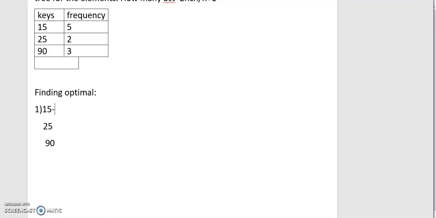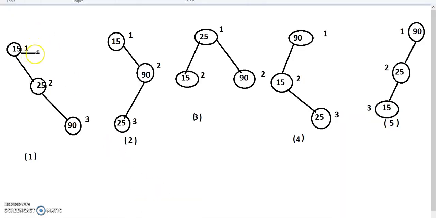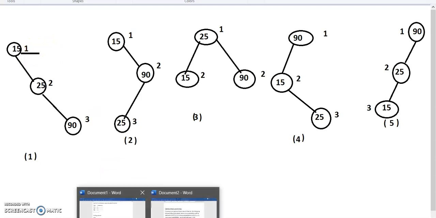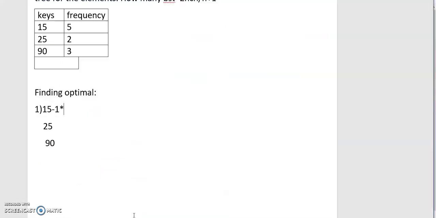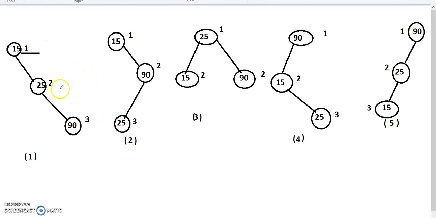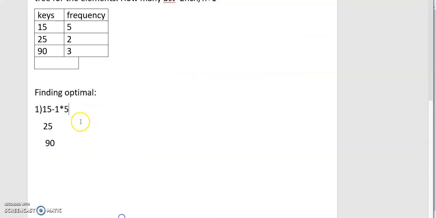For 15, how many comparisons did we do? For 15 we did only one comparison, so 1 into frequency 5. For 25, how many comparisons have we done? 2, so 2 into 2. For 90, how many comparisons have we done? 3, so 3 into the frequency value 3.